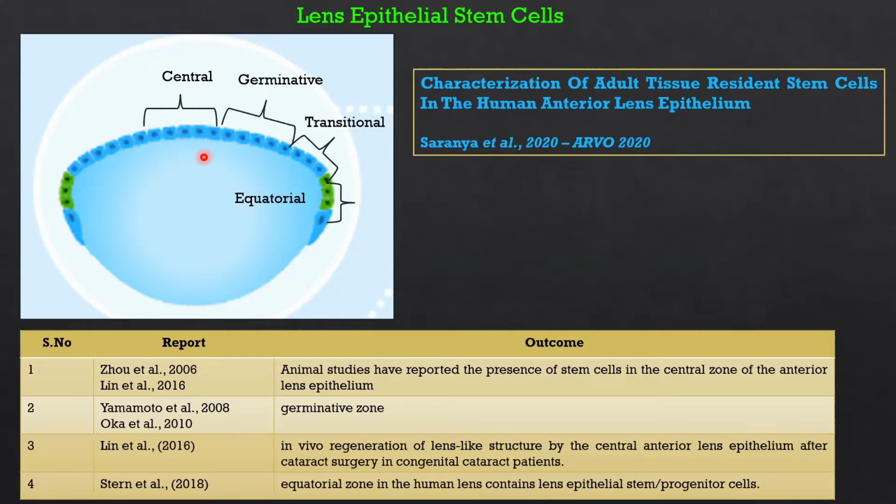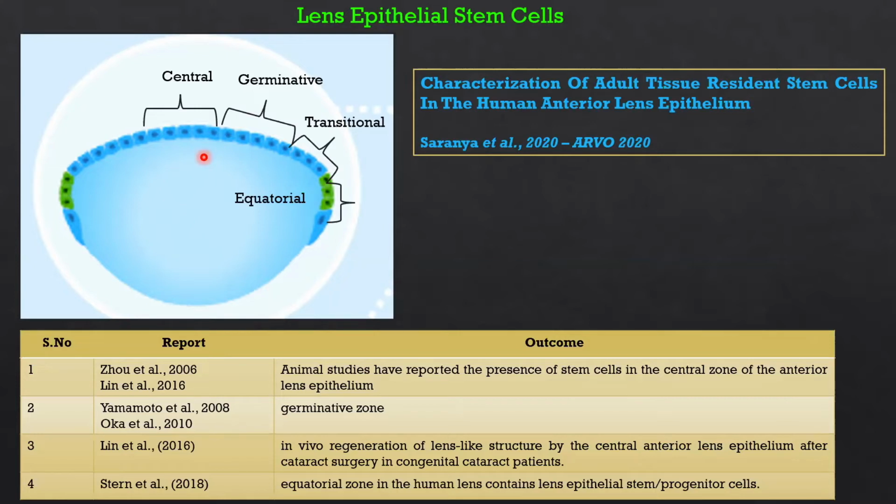So after 2 weeks, they recorded the formation of a lens-like structure right from the second week, and they recorded it till 4 months. And at the end of 4 months, they were able to see a complete lens-like structure in the human. But still, the arrangement of fibers was another question. But the arrangement of fibers as well as the vision was normal.